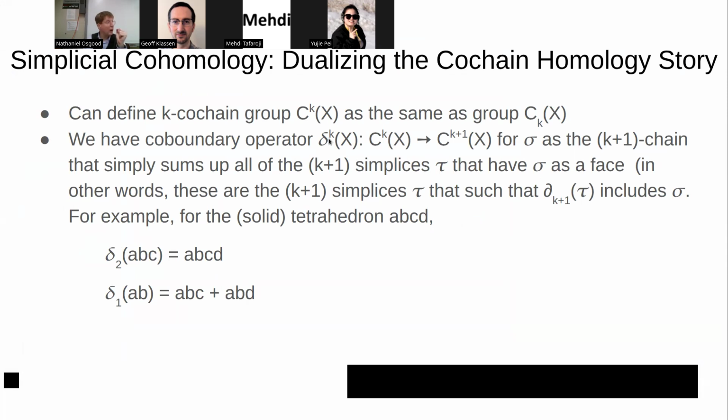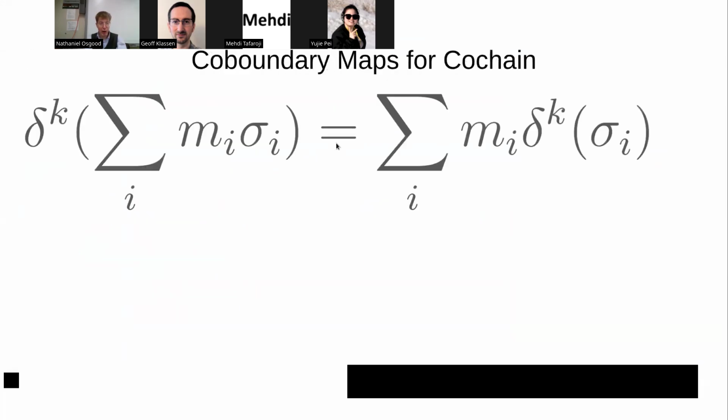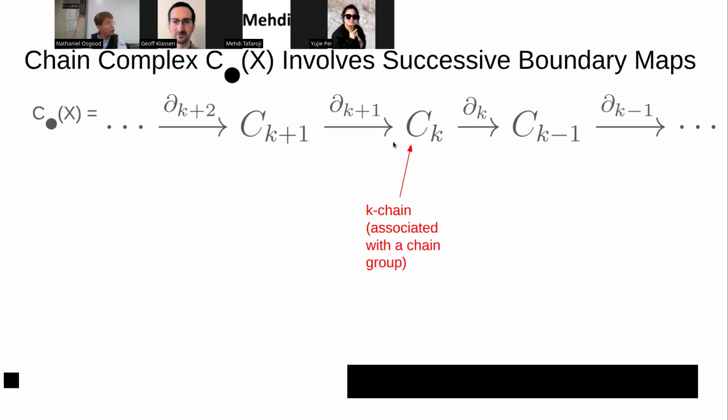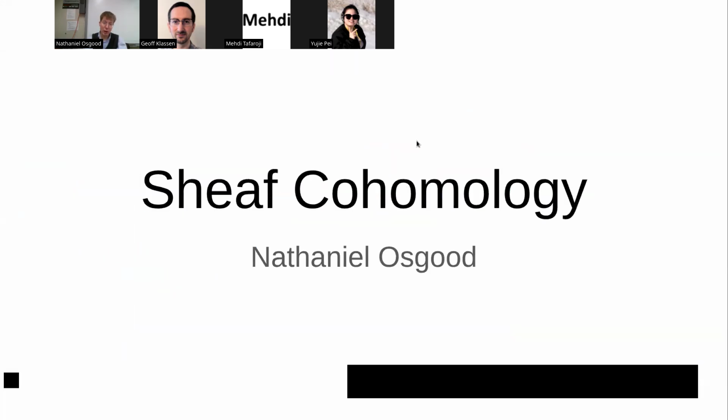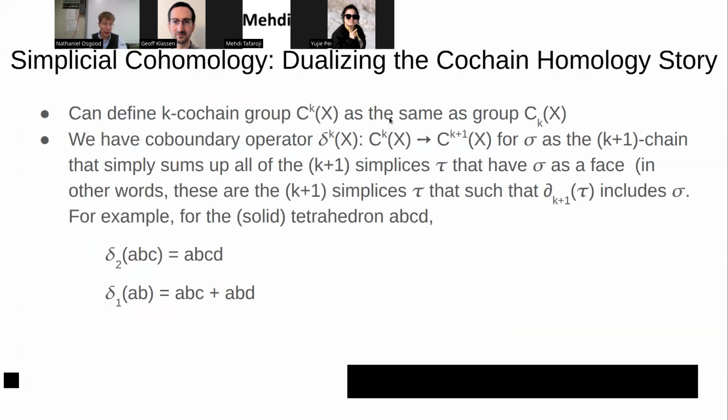Superscript will be cohomology. Subscript will be homology. So we have a coboundary operator. It goes up in dimension from C upper k of X, those are all the k cochains in our simplicial complex X, to the k plus 1 cochains in our simplicial complex. Okay.